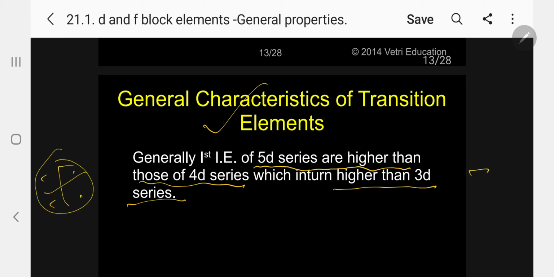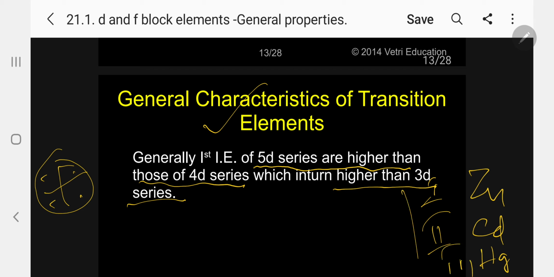Say, for example, zinc, cadmium, mercury. This is the first transition series, this is the second, this is the third. So the question can be asked, which has higher ionization energy? As per the rule, this is 3d, 4d and this is 5d.